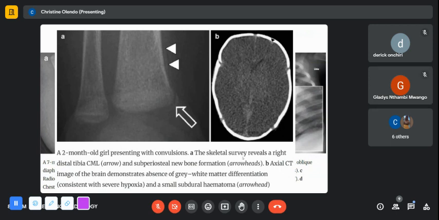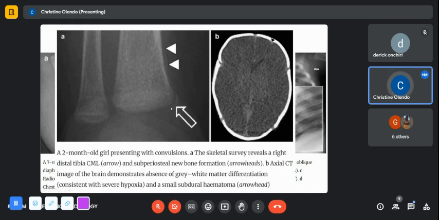Okay. Yes. So a 2-month-old who presented with convulsion, and you have the distal corner metaphyseal lesion, a classical metaphyseal lesion that is senior to the corner fracture.